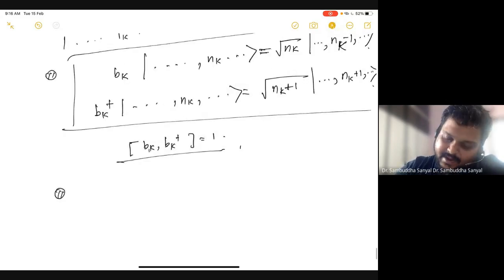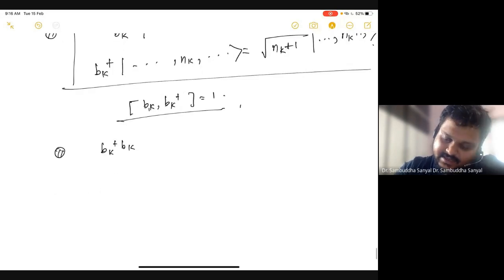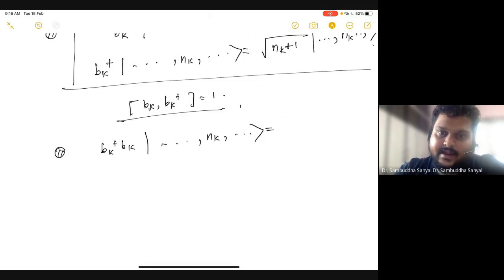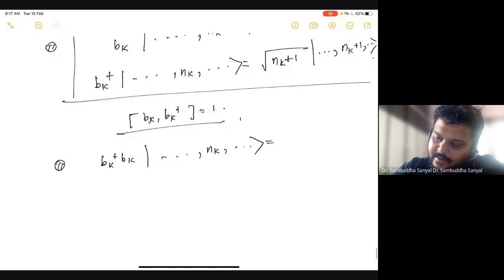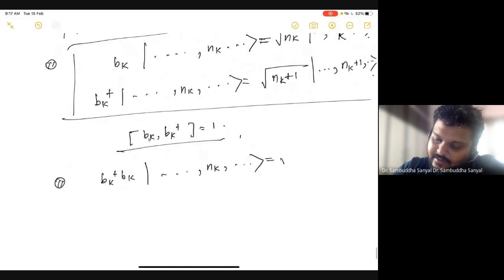You apply bk dagger bk on this state, and the action of bk will give you root nk, bk dagger |nk minus 1>, and so on.